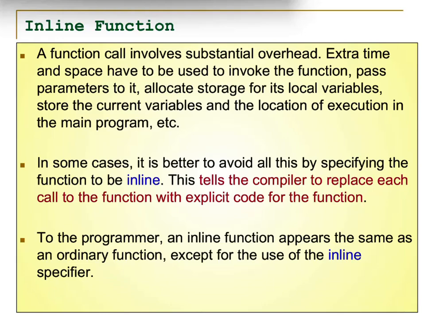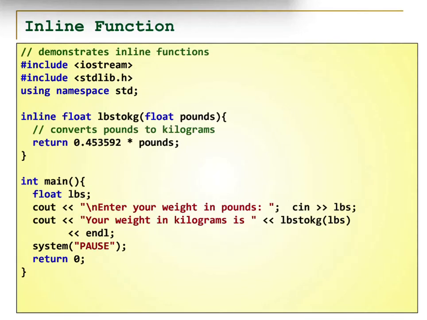To the programmer, an inline function appears the same as an ordinary function except for the use of the inline specifier. Here's an example of an inline function for the conversion of pounds to kg.